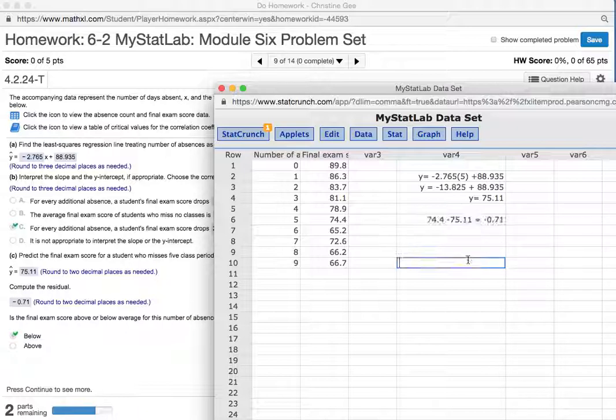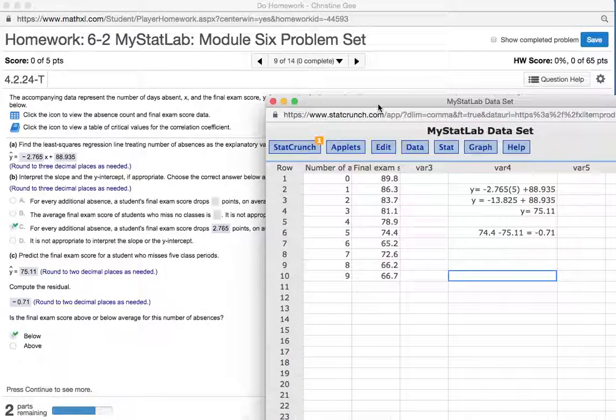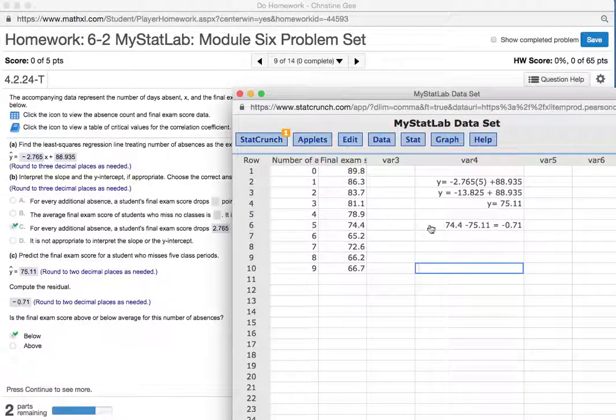So that looks good, and that checked out. And then, is the final exam score above or below average for the number of absences? It was below, because it was 74.4%. So that is it.